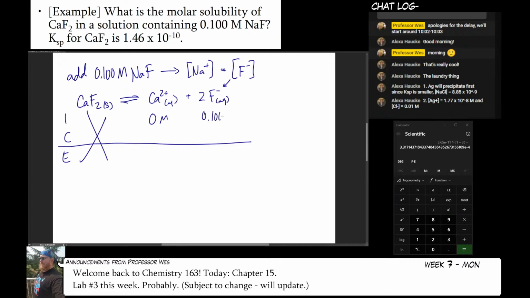Well, I have this much. And then I do the same problem, and when I solve for my Ksp expression, which is the same setup, I have that 0.1 in there already.